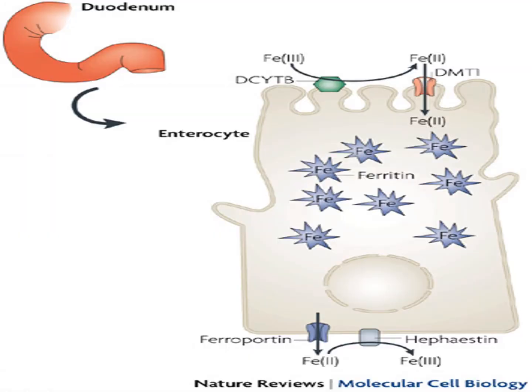As you may see here, the ferric is converted to ferrous by DCYTB, and with the help of DMT1, the ferrous will go inside the enterocyte and be internalized.